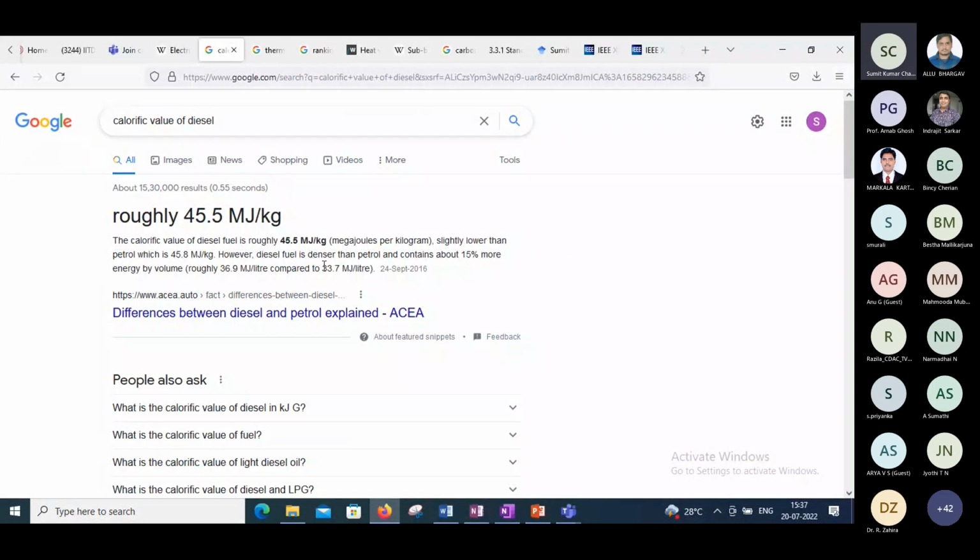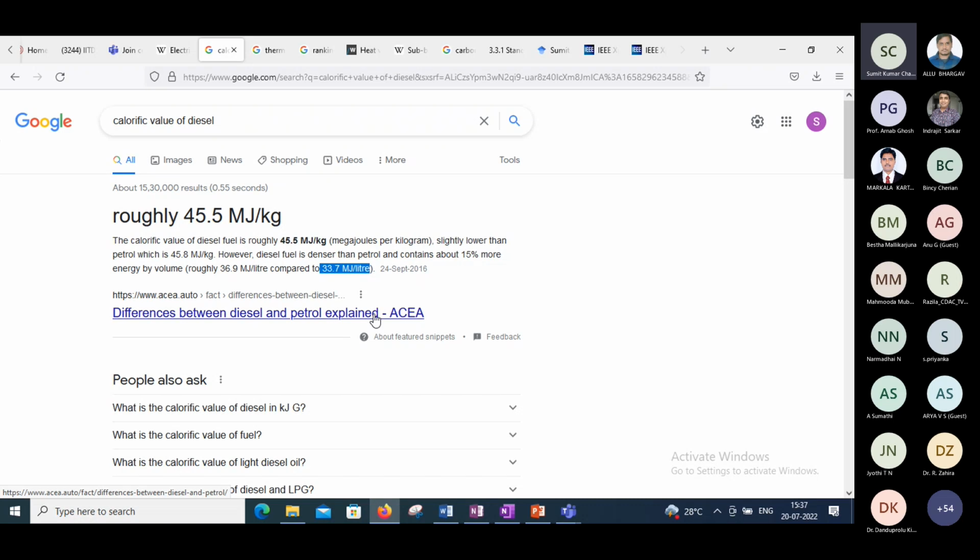If we see the calorific value of diesel, nearly 33.7 megajoule per liter of diesel we can get by burning it directly. And then how much is this?